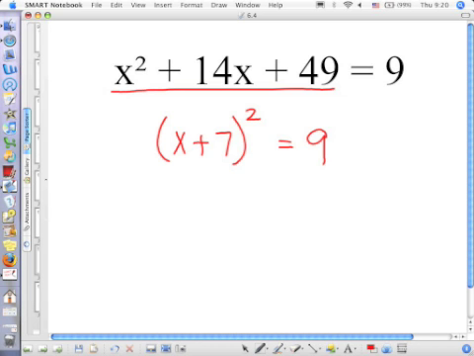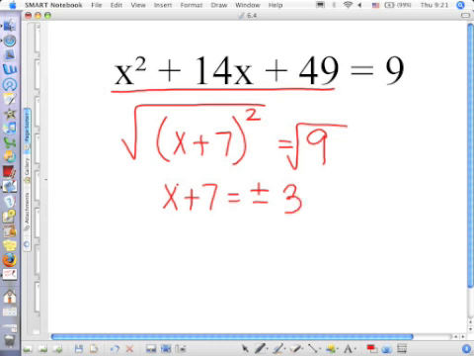Okay? Well, isn't this what we started out saying was our ultimate goal? Because now we're at a point where we can find x by doing what? Taking the square root of both sides. I have x plus 7 is equal to plus or minus 3.